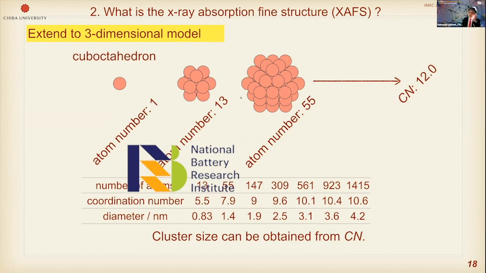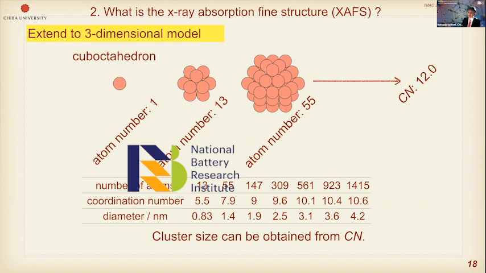In this case, a different number of atoms means a difference in size. So the cluster size was different. If you get a coordination number of 9, it means 147 atom clusters, about 1.9 nanometers in diameter.